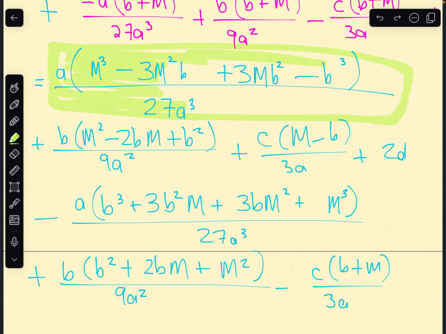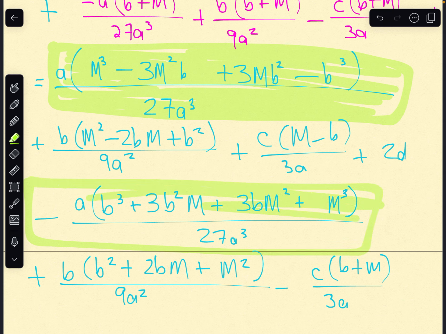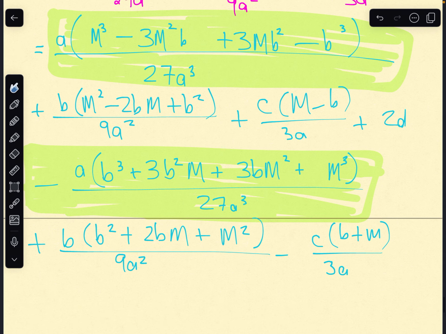This guy, and you guessed it, this guy, because they both have the same denominator, they both have a common factor of a, so that is going to be simple enough for me to add together.